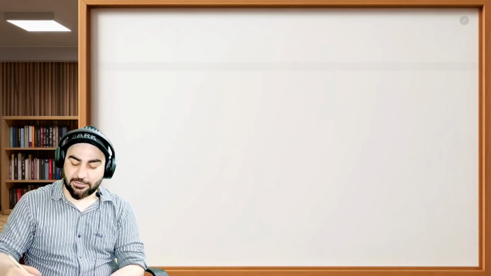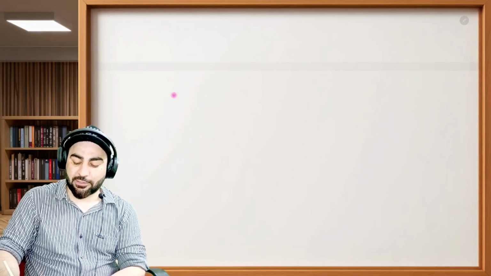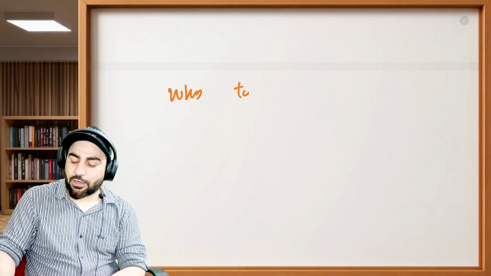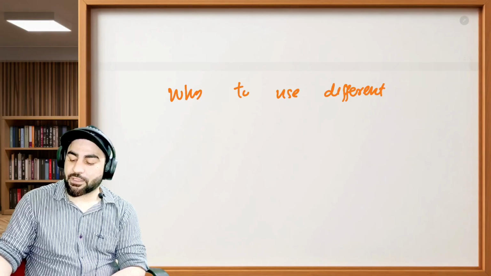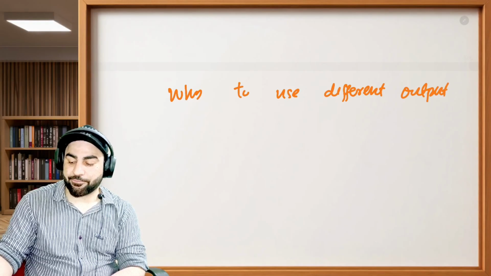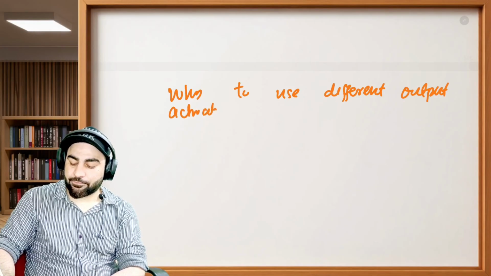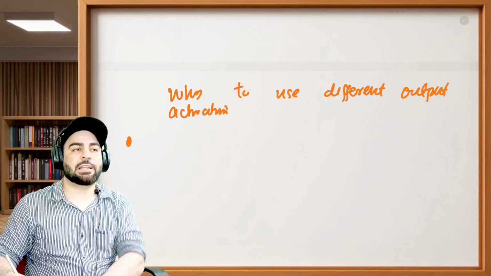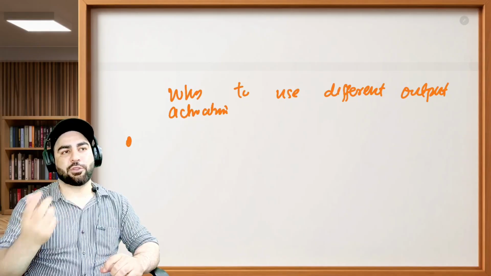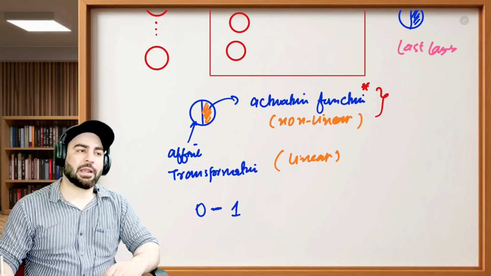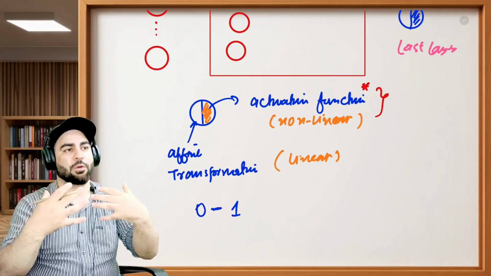First we'll see why we are using a different output activation. If you are solving a problem where you don't need just a value between 0 and 1, because if you keep applying sigmoid, the values somehow taper off.